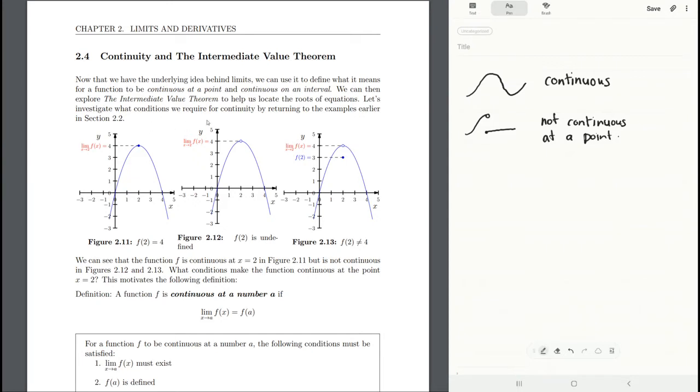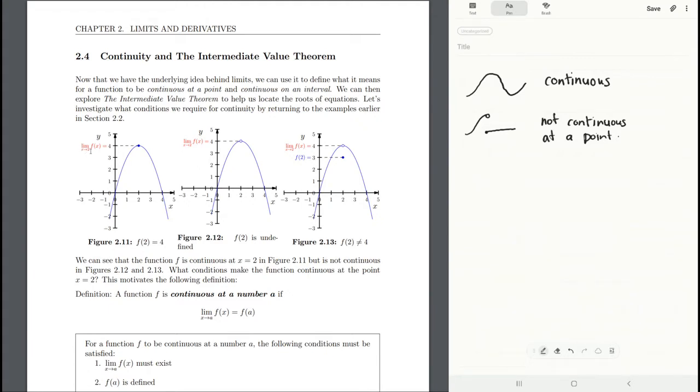So after examining each of these different examples, we can now look at defining what it means for a function to be continuous at a given point. We say that a function f is continuous at a number a if the limit of f of x as x approaches a is equal to f of a. If we look at the first example, the function value where x is 2 is equal to 4.